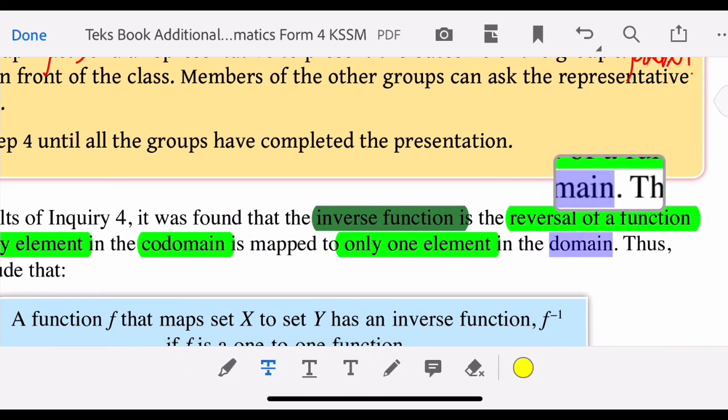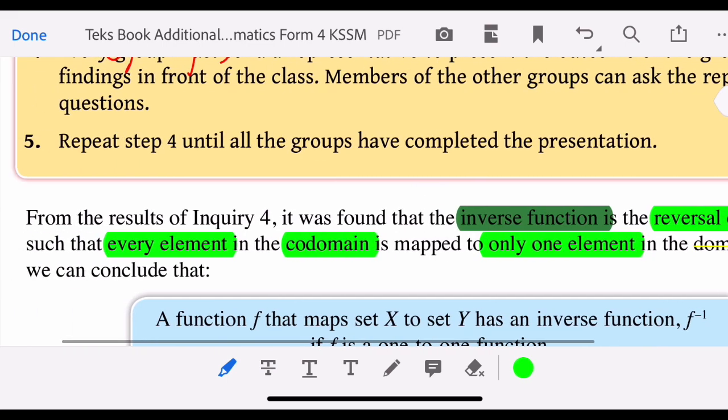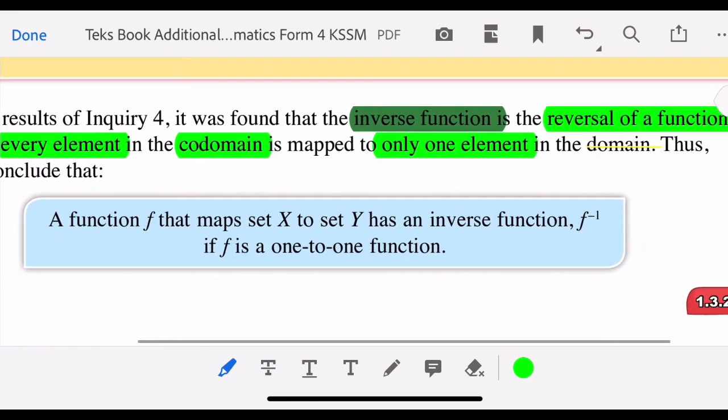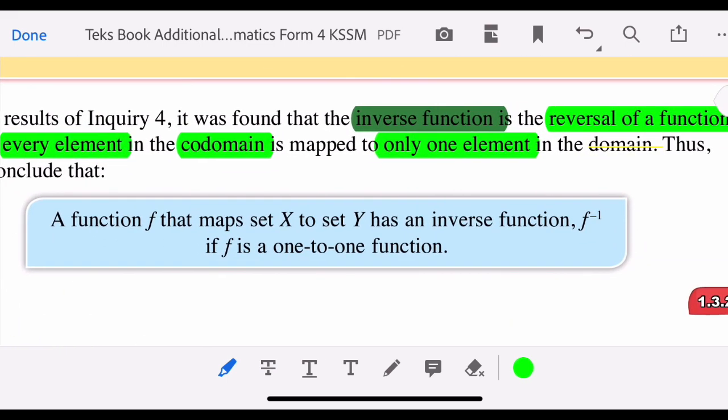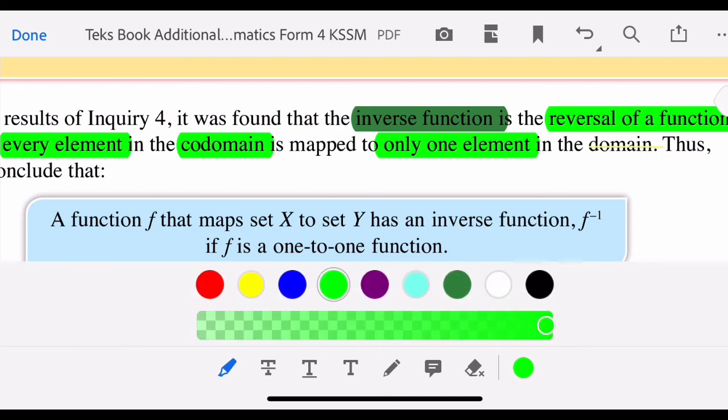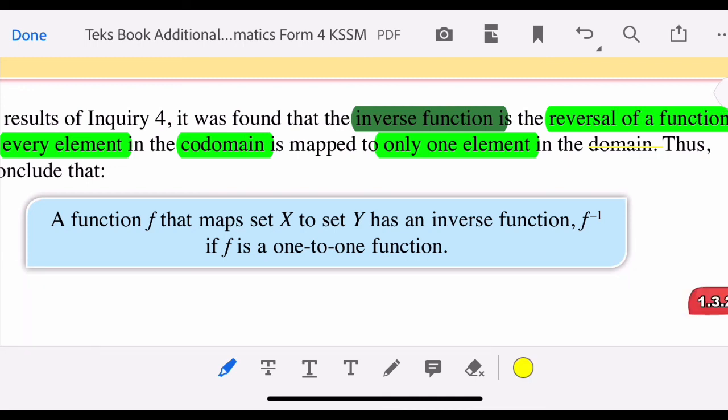Thus, we can conclude that a function f that maps set x to set y has an inverse function f negative 1 if f is a one-to-one function.